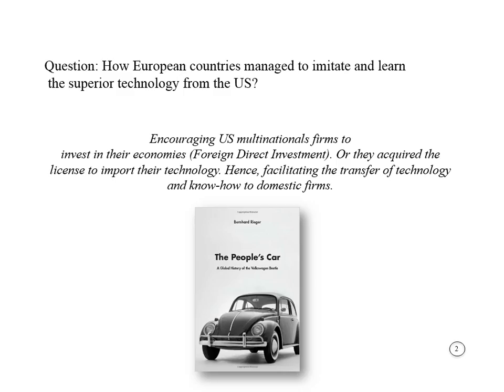Now, Volkswagen learned the technology from the leading automobile producers in the US from the 1950s to the 1970s, right? They reduced their technological gap. And afterwards, they basically overtook the US.